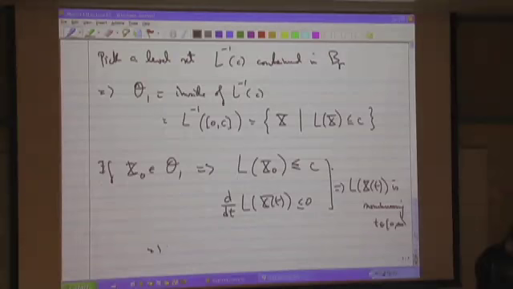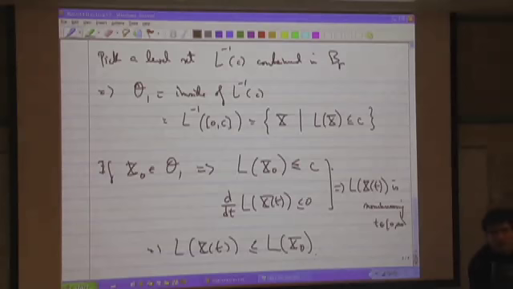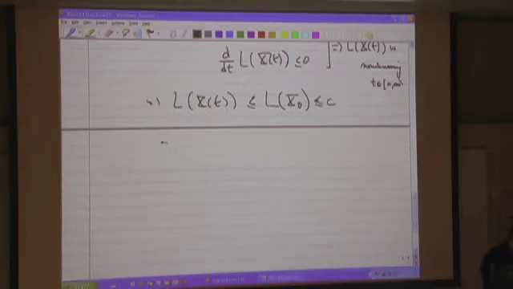So I can conclude that the value of L at a later time is no greater than the value of L at the initial location, and this is less than C. So x of t belongs to that neighborhood, which is part of the ball.